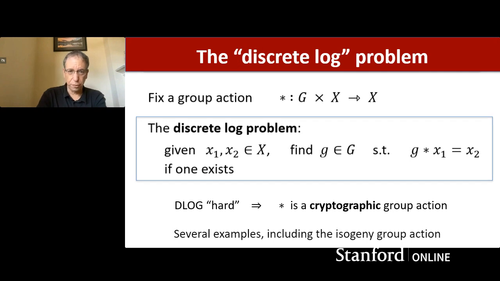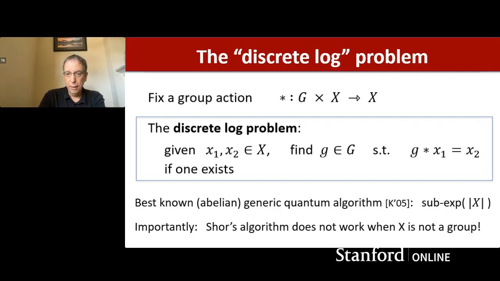So why is this interesting? The reason this is interesting is that this discrete log problem seems to be much more resistant to quantum attacks. You might know that the quantum algorithm that breaks the traditional signature schemes is due to Shor. It turns out Shor's algorithm doesn't work when the set X is not a group.